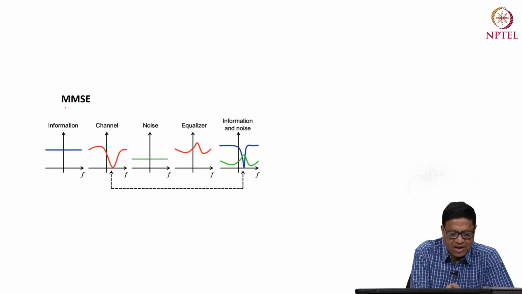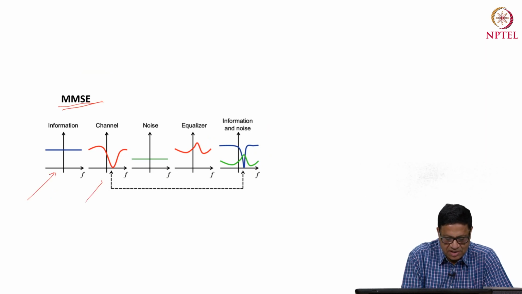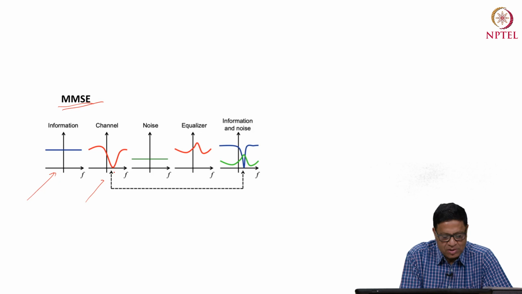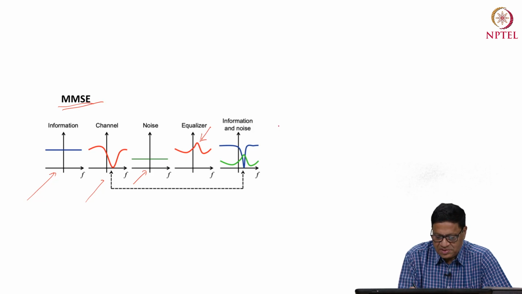And similarly for MMSE, this is your information. This is the channel, which in this case is also going to 0 at some frequency. And this is the noise part. But because of that sigma n squared term coming in the denominator, it does not go to infinity. So there is a limit here. If you see both information and noise, it is given by this.